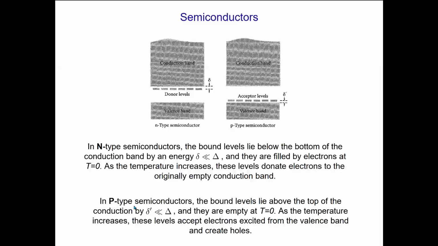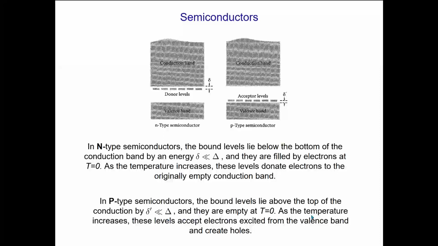In p-type semiconductors, the bound levels or holes corresponding to those trivalent atoms will lie exactly above the top of the valence band by a small energy gap delta, which is much less than the energy gap. Okay.